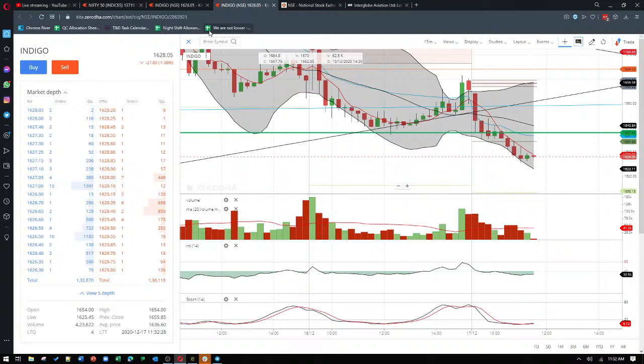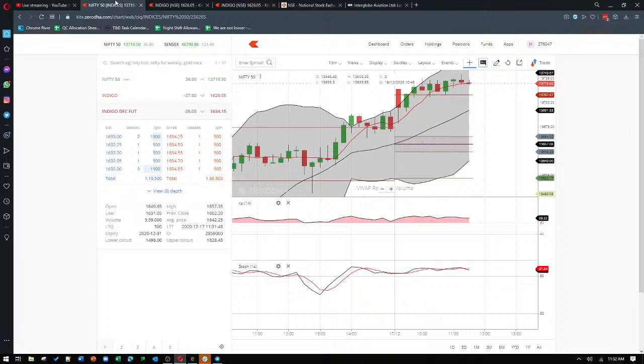By the time what's happening with Nifty did not sustain the high, but let's see.